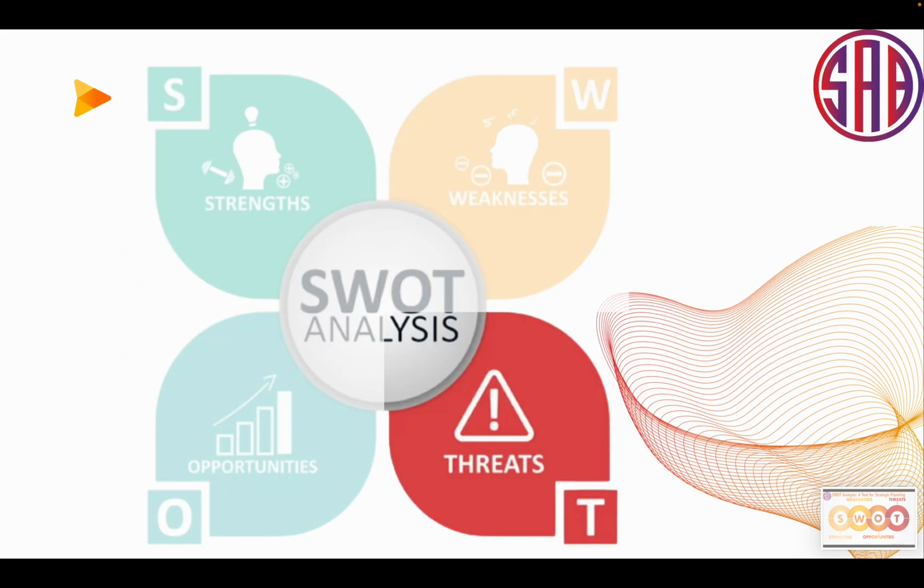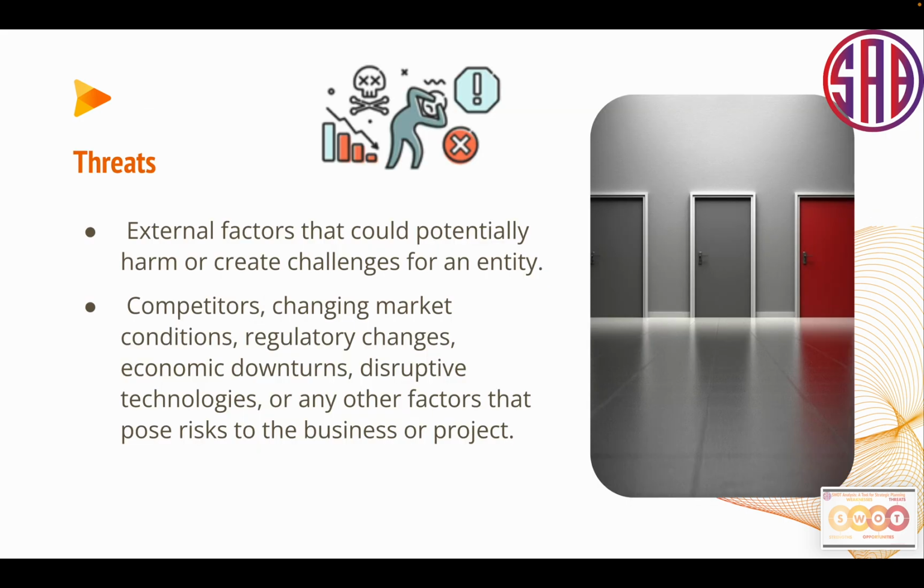So lastly, we have threats. These are the external factors that could potentially harm or create challenges for the entity. So competitors, changing market conditions. We have regulatory changes where you find that a certain product you're marketing is banned.